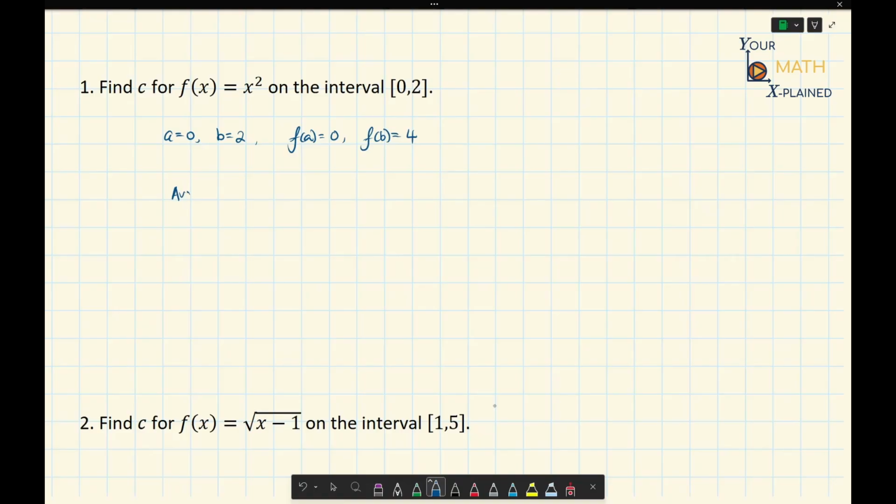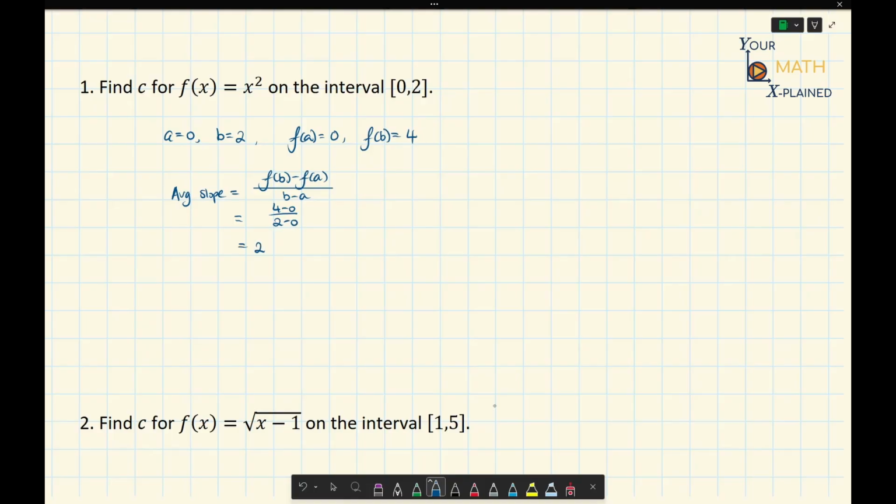So now the average slope in this case is going to be equal to f of b minus f of a over b minus a. So this is equal to 4 minus 0 over 2 minus 0, which is equal to 2.